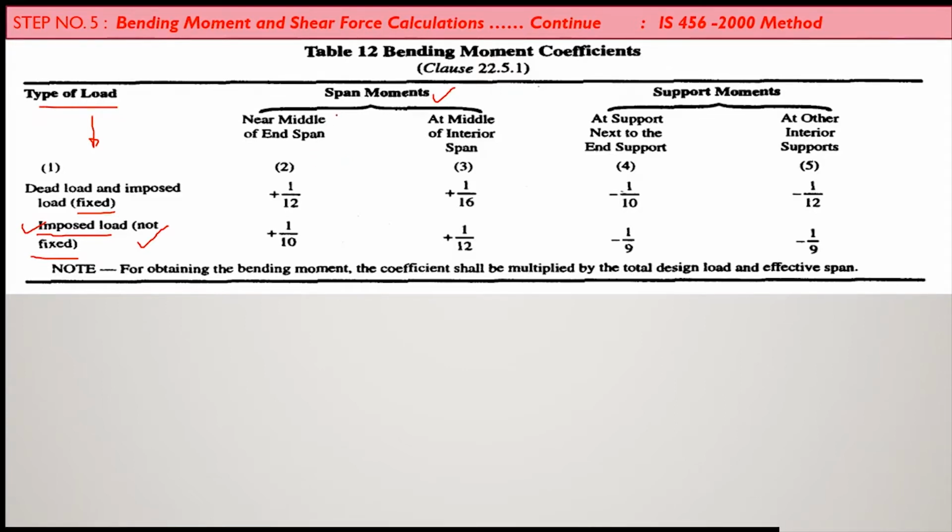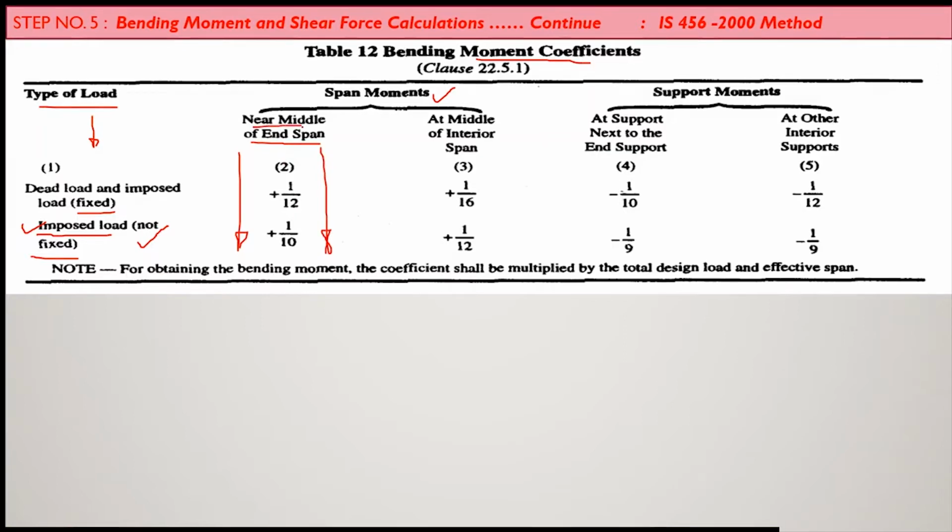But for the span movement, when you have to take the movement coefficients from this table, this column gives you the value for bending moment coefficient near middle of end span. Now we are talking about the end span. When you are going to calculate bending moment in the end span, you have to refer to this column.